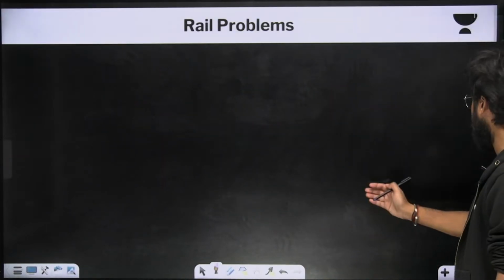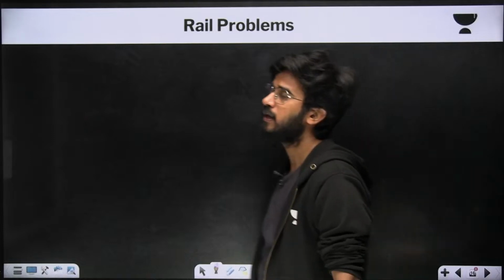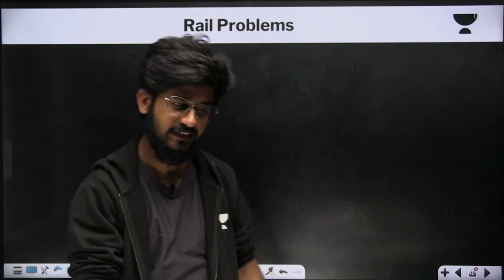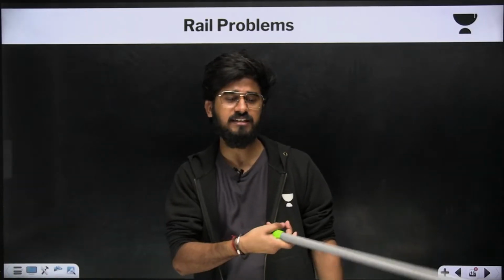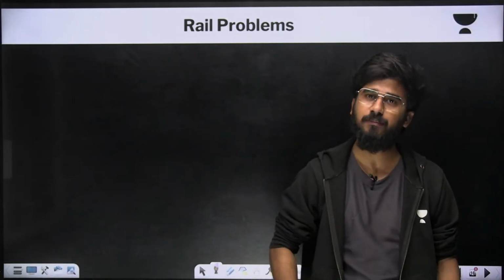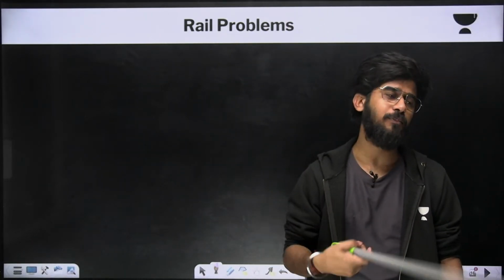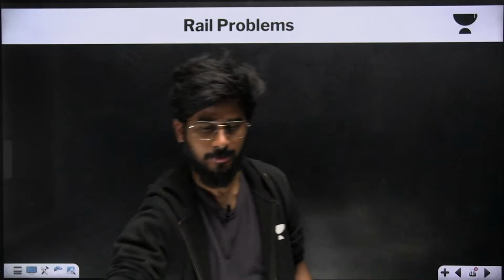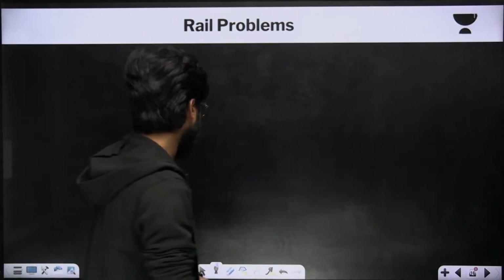Now since we have learned that if a rod is moving or rotating in a magnetic field, it has some motional EMF, we can do something else with the rod.